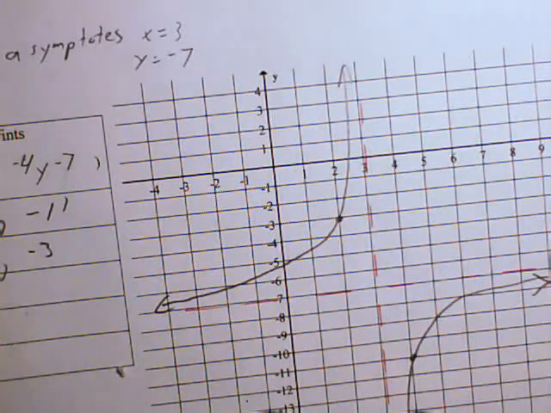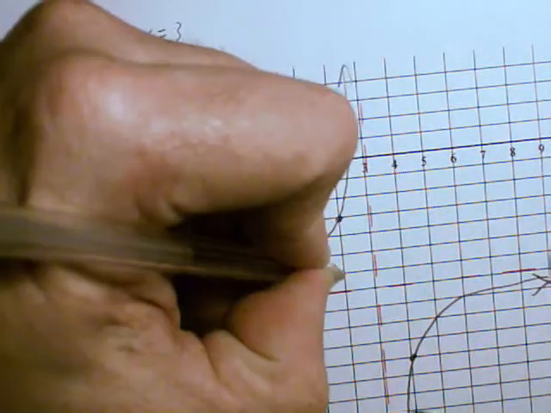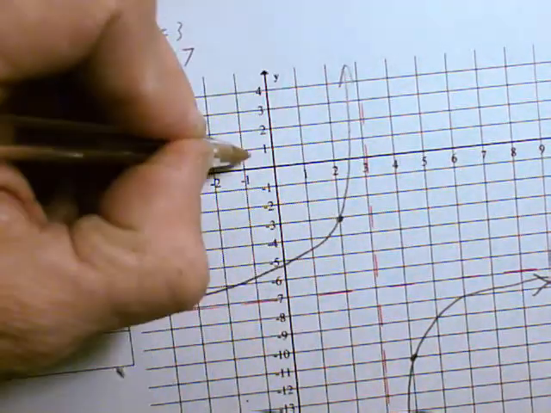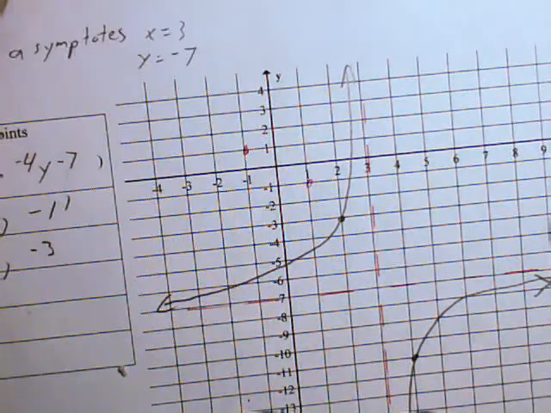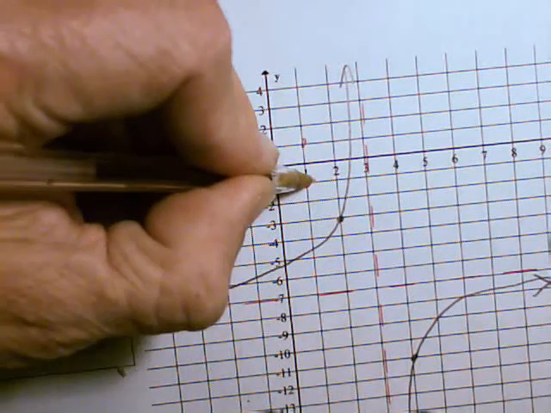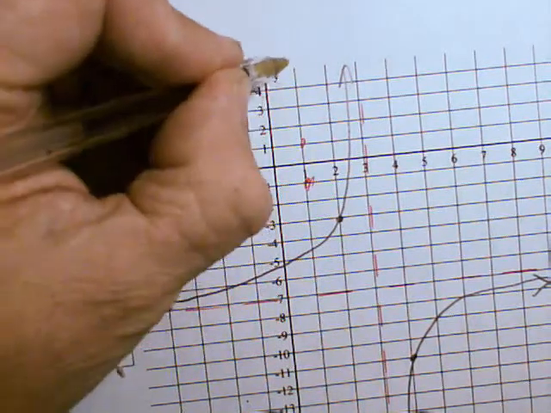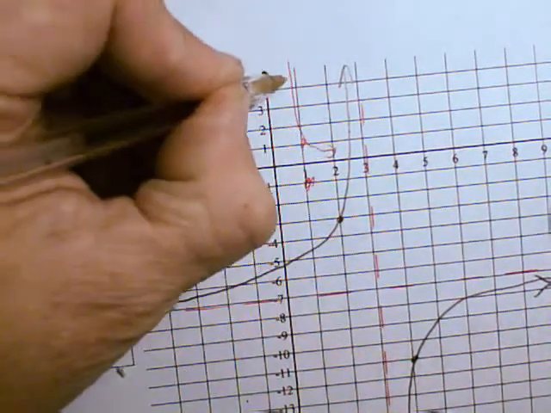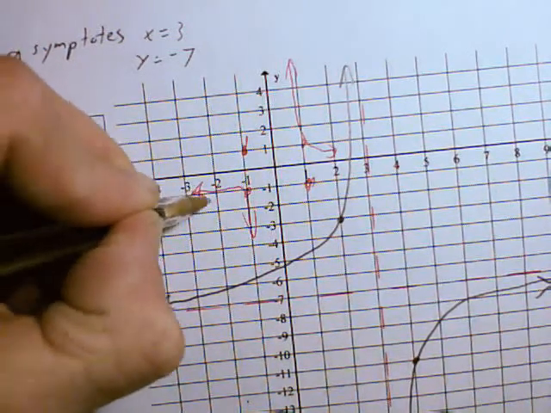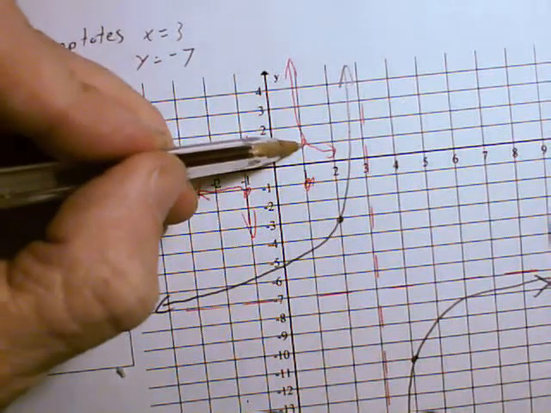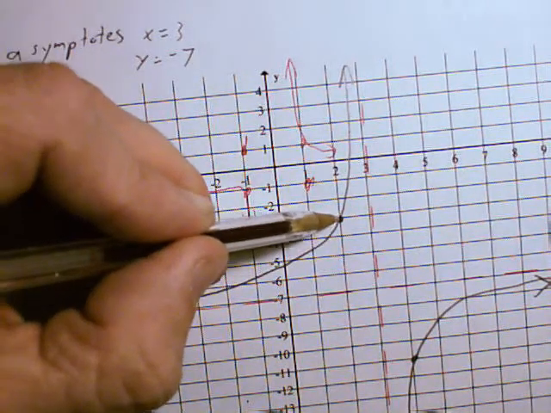Now you know it's a vertical stretch because the standard parent function would have its asymptotes there and there, not those, and it would go like this. It's a stretch because what was originally at 1 is now down 4.